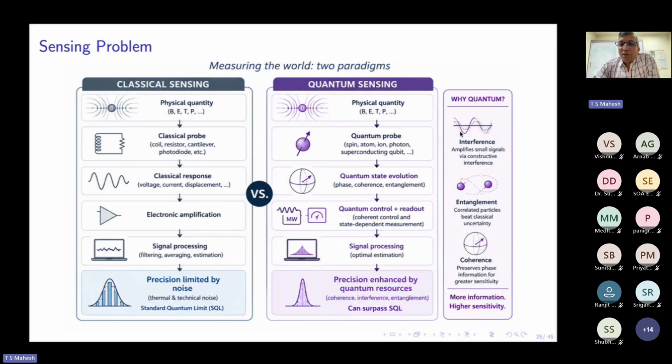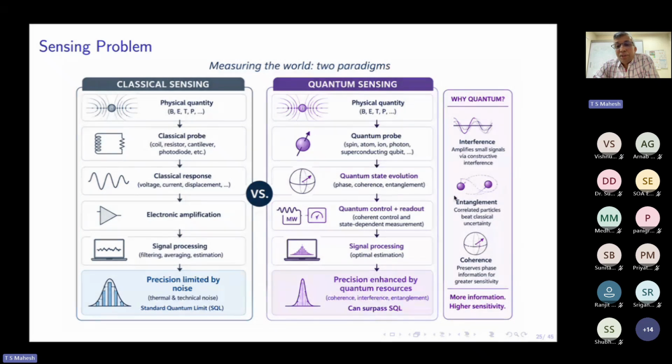Why better precision? Because in the case of classical probes, normally the phase information is not recorded. It is mostly the amplitude information or intensity that is recorded, not the phase information. In quantum, not only is phase information recorded, but it is also using this constructive interference.